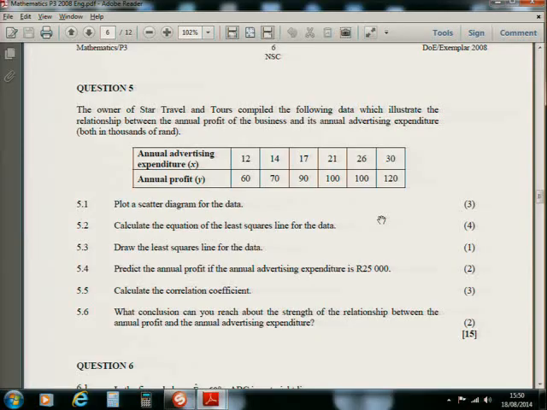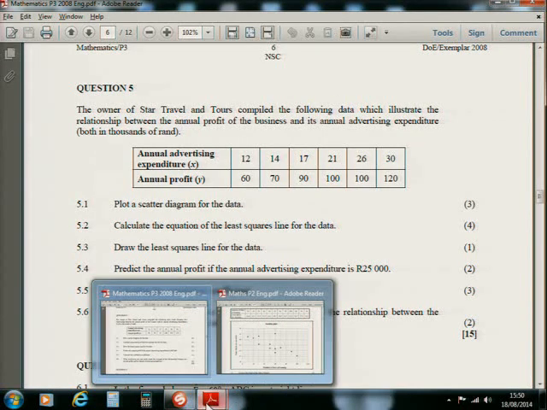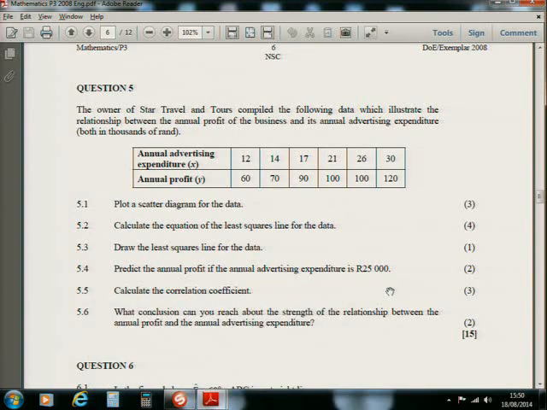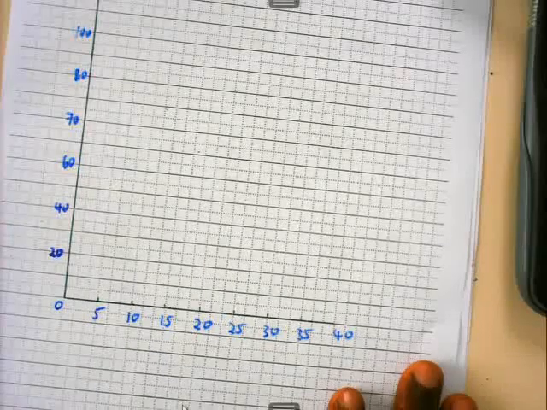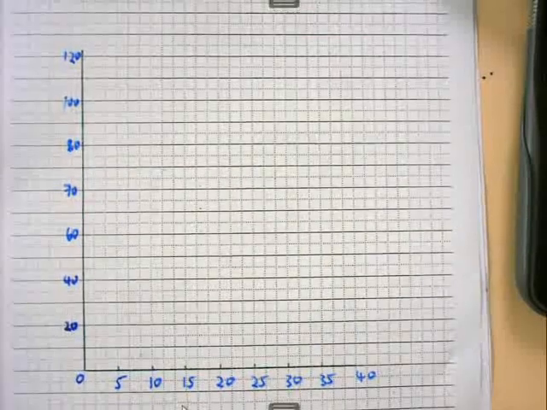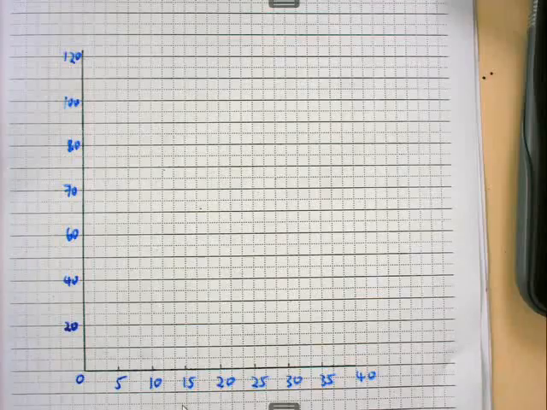The question, there it is. I'm going to suggest that we draw the scatter plot. I'm suggesting this as your intervals. You can just use your ruler and draw this.